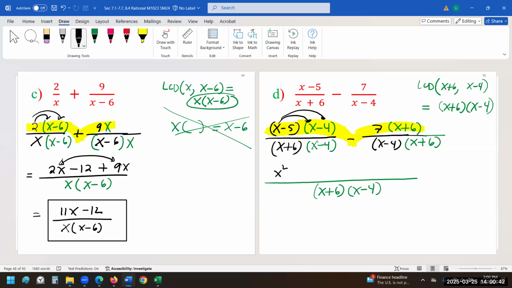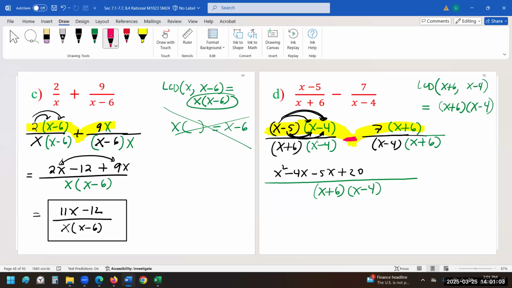Then we go this way. Negative 4x, negative 5x, plus 20. And then we are subtracting.